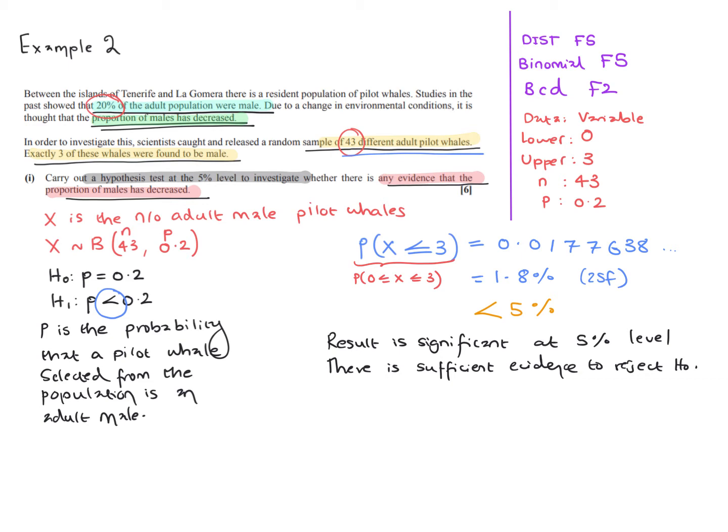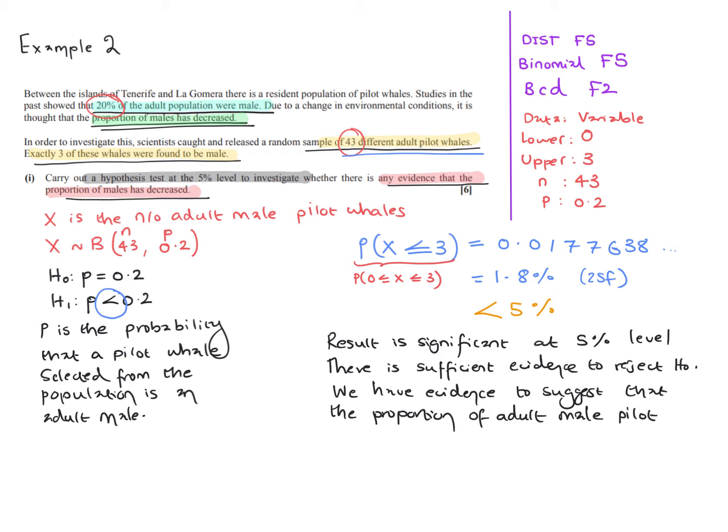And then our last comment is always in the context of the original question. So go back to the wording of the question. We were testing to see whether there was evidence that the proportion of males had decreased. So what we can say is we have evidence to suggest that the proportion of adult male pilot whales has decreased.